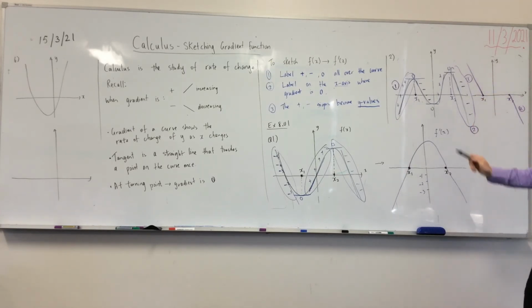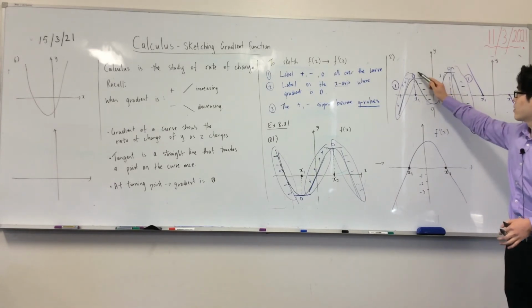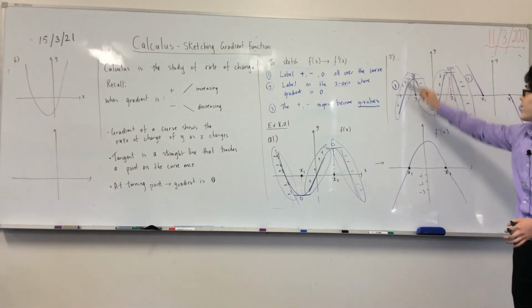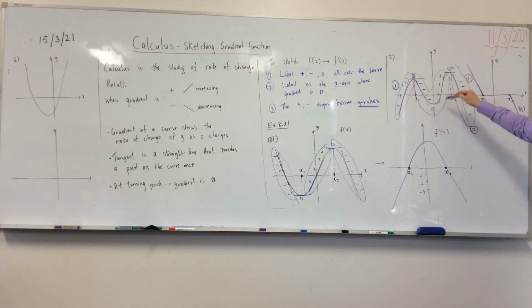Now, the tricky part, girls. I've got this part: negative and then positive. So after this, I've got negative y values, and then from here, girls, can you see what it might look like? I need to fill in between here.